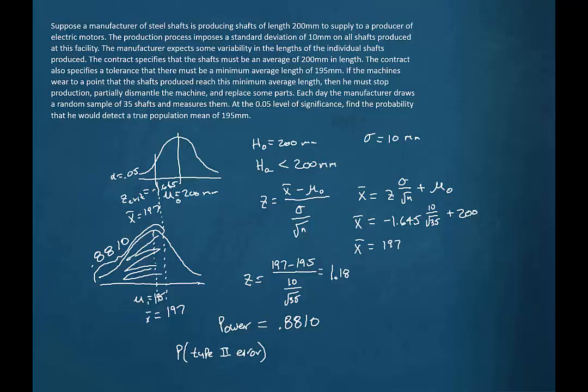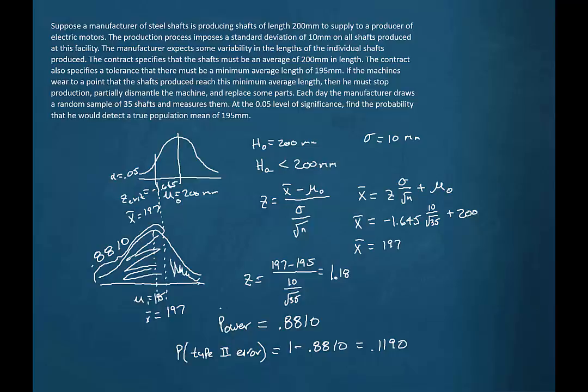Since the power and the probability that we would commit a type 2 error are complements, then this probability would be 1 minus 0.8810, or 0.1190. So that's this area in here.